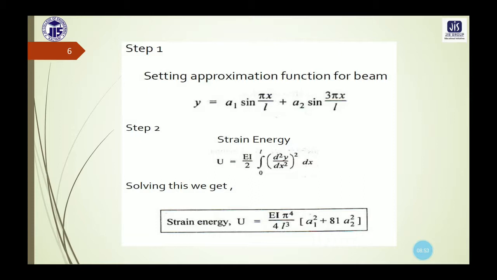So here we need to do the second order differentiation of the approximation function, then square it, and after that do the integration within the limit 0 to L. This is a very lengthy process, and after solving these different steps, we will get the value of the strain energy U, which is EI pi to the power 4 by 4 L cube into (A1 square plus 81 A2 square). So this will be the final value of the strain energy capital U.